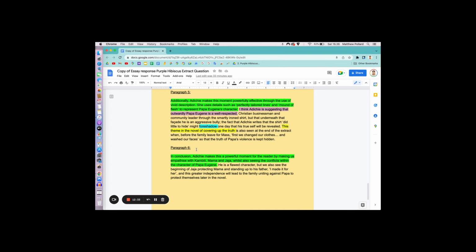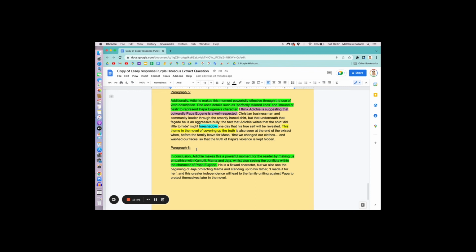This theme in the novel is of covering up the truth, showing the examiner you understand why the moment of the extract is important. In this case, the word was powerful. Within the context of a novel is really, really important and really beneficial for you because you're demonstrating knowledge and understanding of more than just the extract that's in the exam. And that is quite impressive for examiners to see.